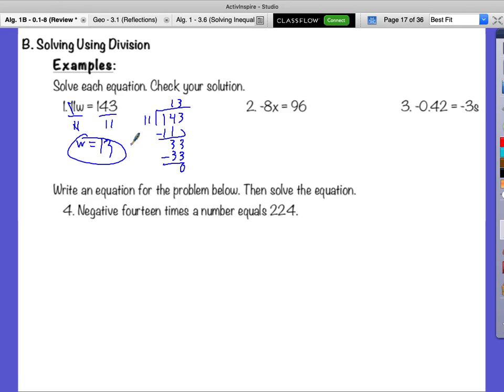Just like on the first one, what did we divide by? 11, that's what we were multiplying by. So we have positive divided by negative.